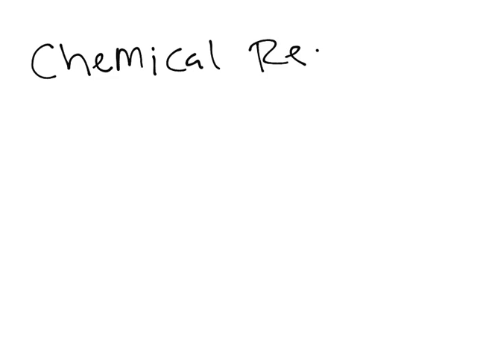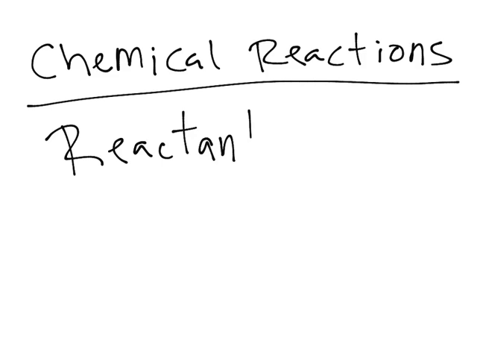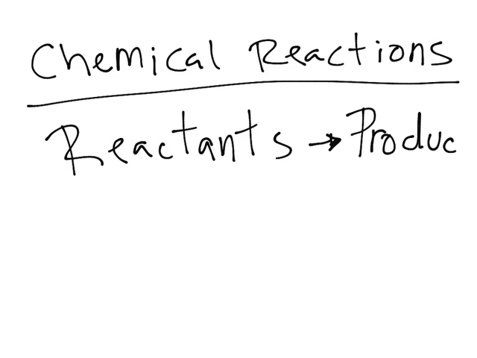Chemical reactions. In every chemical reaction, there's always going to be the reactants and then the products. So the reactants are what form this chemical equation, this chemical reaction.